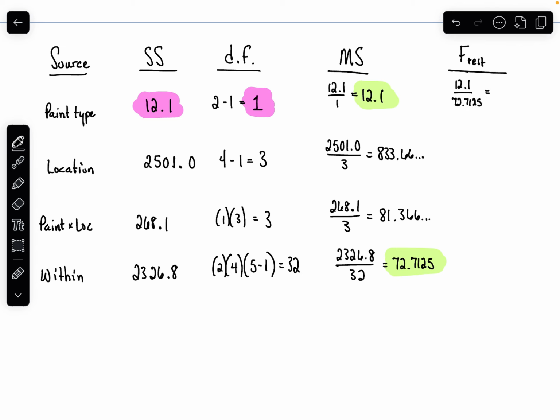And that's going to give us a very small value, 0.0166, etc. Now that's small enough. Chances are we don't have to worry about crossing over the threshold and passing our critical value. So if we had used 72.7 and maybe got a slightly different value, it still would have worked out just fine.